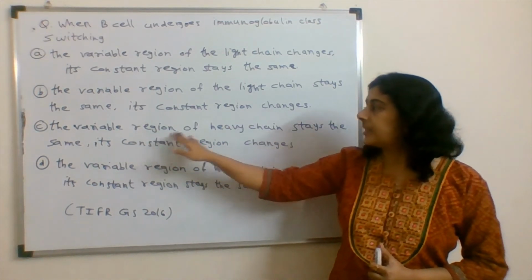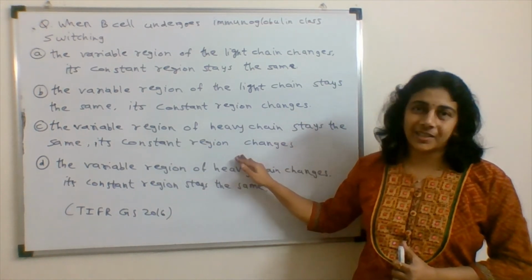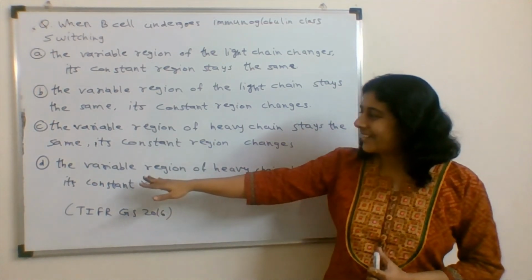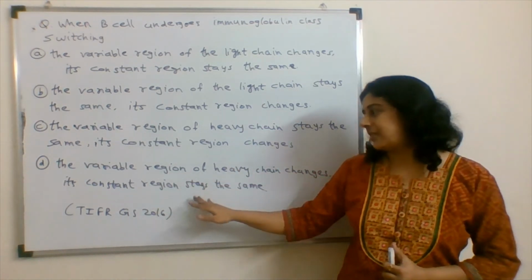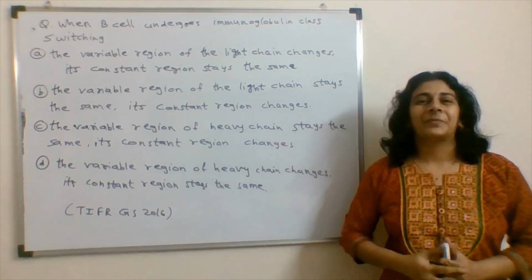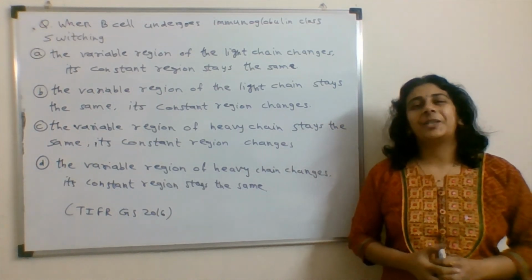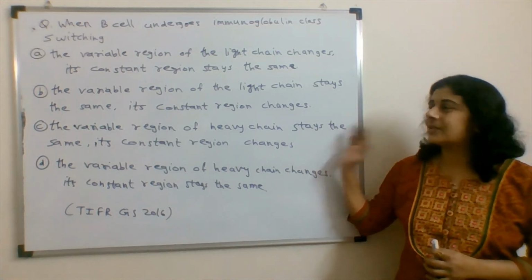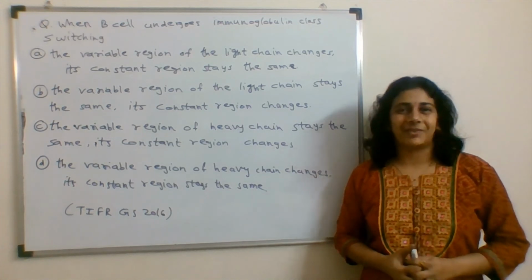Or the variable region of the heavy chain stays the same, its constant region changes. Or the variable region of the heavy chain changes and its constant region stays the same. So the question is quite confusing. We need proper knowledge to solve this question, and that will be given by me in my next video.